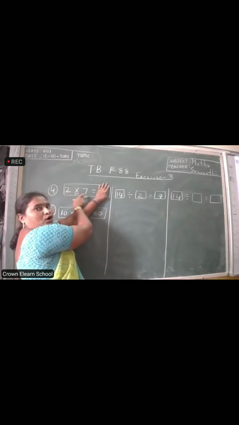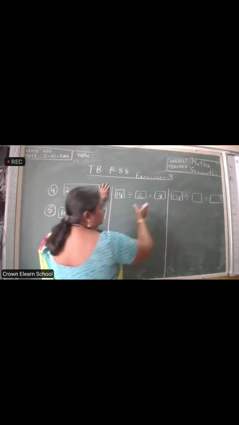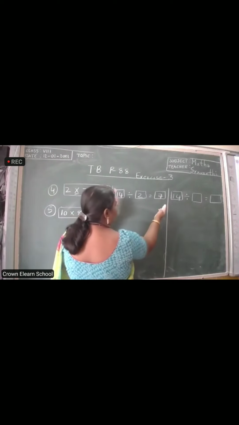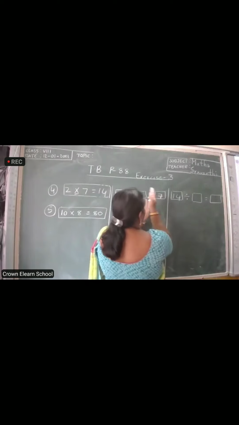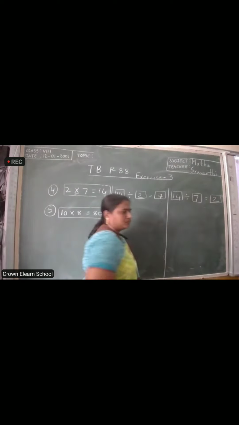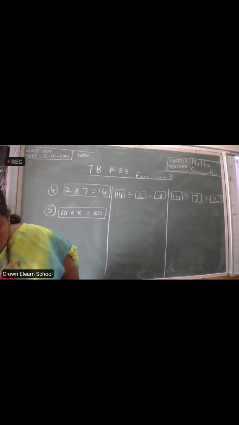In the same order, we have written 2, 7. Okay. Now, we are going to change the order of 2 and 7. Change the order 7, 2. Yeah, 2, 7, 7, 2. Understood? Have you done the same?